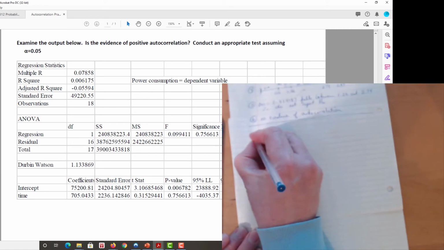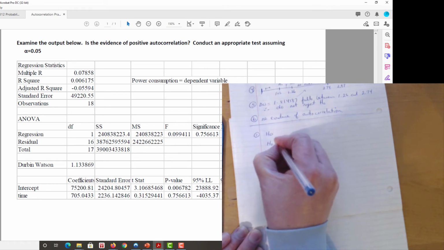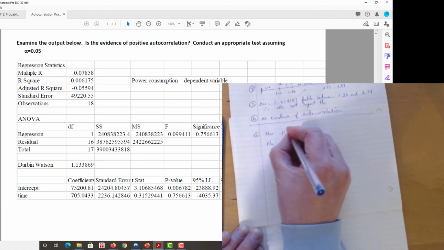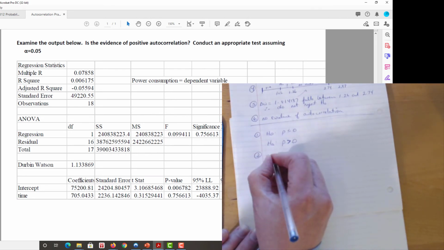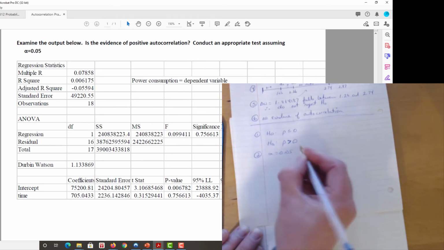Okay. So in that case, H0 and HA, we state that rho is going to be positive, or greater than 0, for HA, and rho less than or equal to 0 for H0. Step 2, keeping with the same alpha of 0.05.